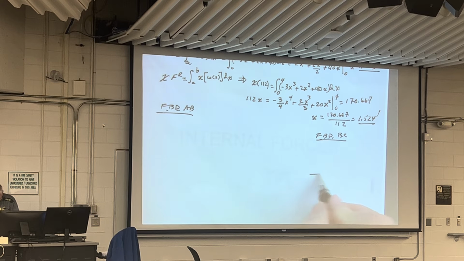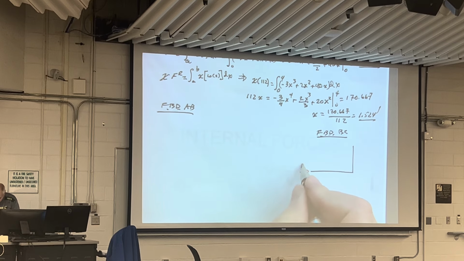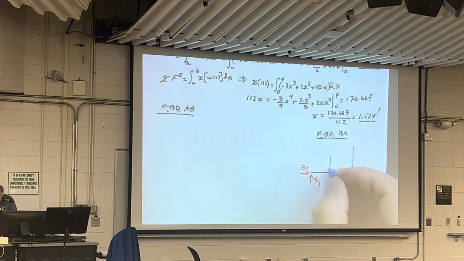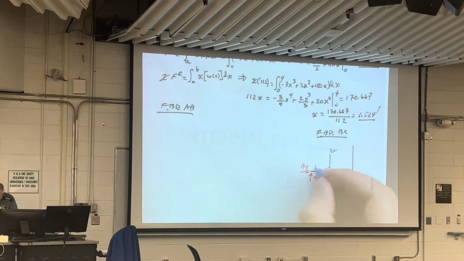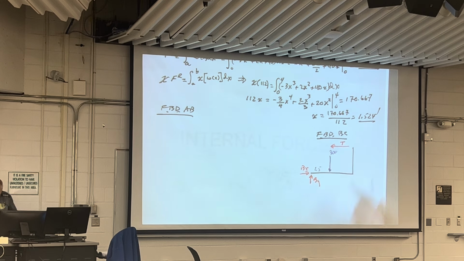Here's BC. Unknowns of BX, of BY, single force of 300 here, which is 1.5 feet from B. And then I have a cable tension over here at C.